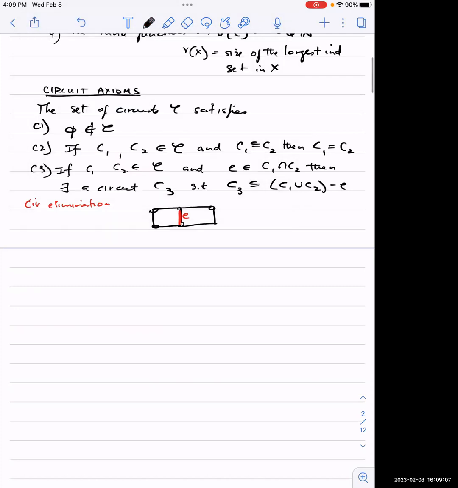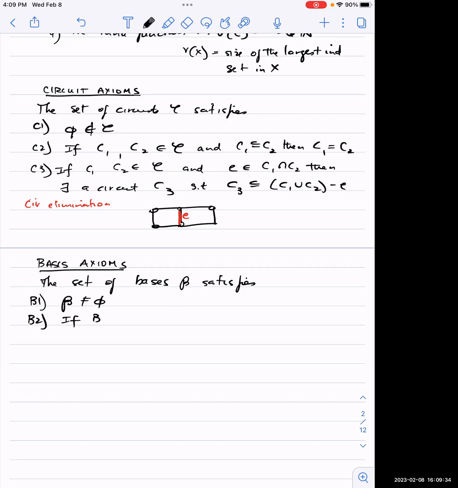Okay. And after that, we did the basis axioms and the rank axioms, and we're almost done with our review then. So here are the basis axioms. The set of bases satisfies: it is non-empty, essentially one axiom, that's the trivial axiom.